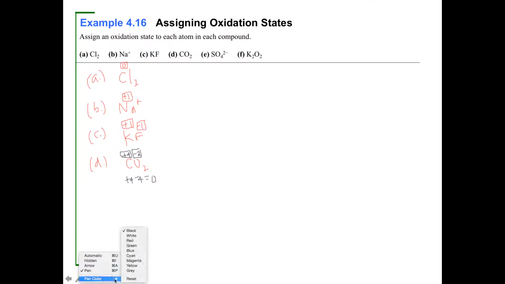I'm going to put all of them out here. E, sulfate, -2, and F, potassium oxide. How do you spell K? Potassium, this is an ion. Really? That's weird. Well, suppose it's written correctly, and we'll just obey the rules. So, sulfate.